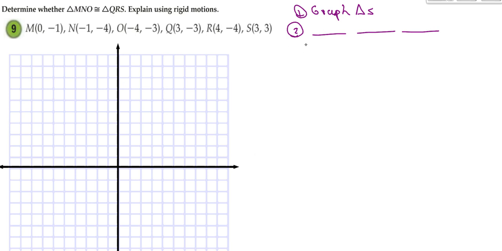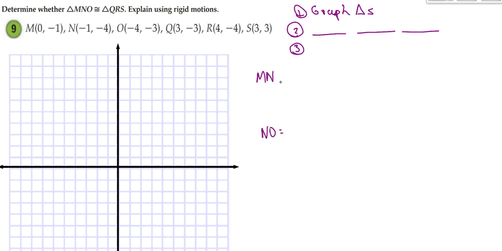And then if they are going to be congruent, you also want to show the distances using the distance formula. So you're going to find MN and then NO. These are the distances.